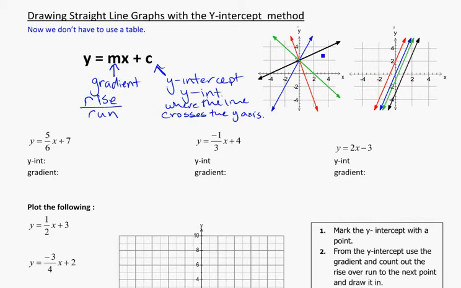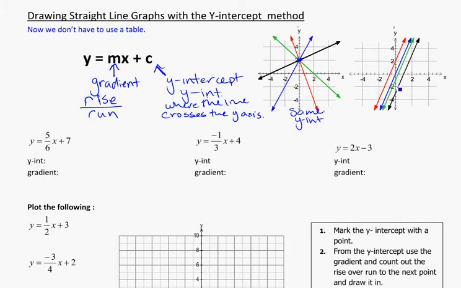In this first graph, there are all different sorts of steepnesses, but they all cross through the y-axis at the same point. So here, they all have the same y-intercept. All four of those lines cross the y-axis at the exact same point. That's what they share in common, but they have different steepnesses, so they are going to have different gradients.